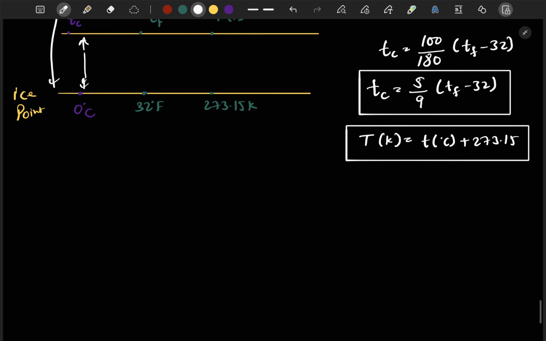This Kelvin scale is also known as the absolute scale, and it is the most important one.